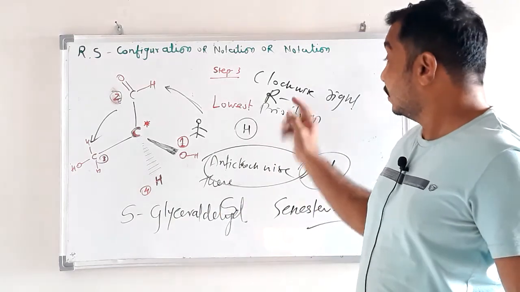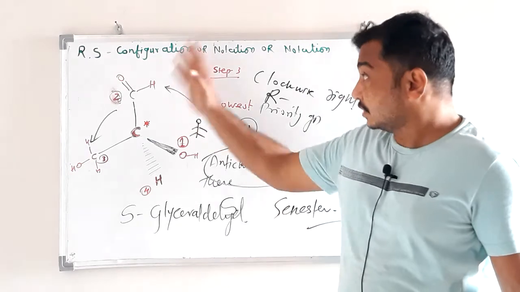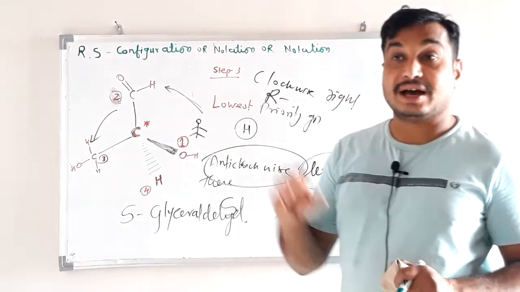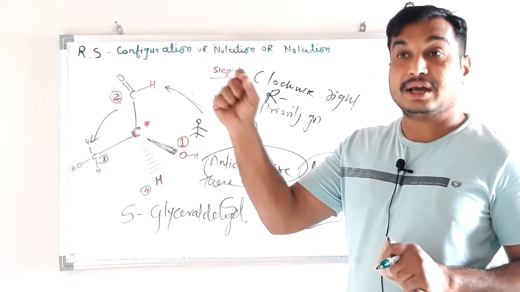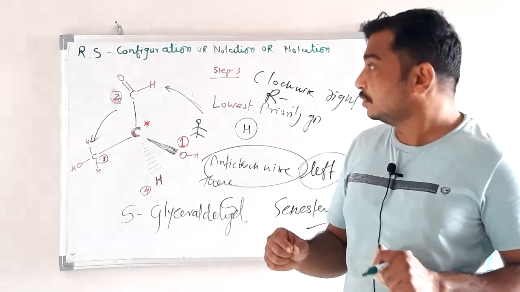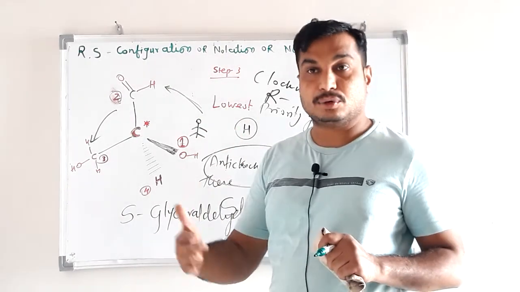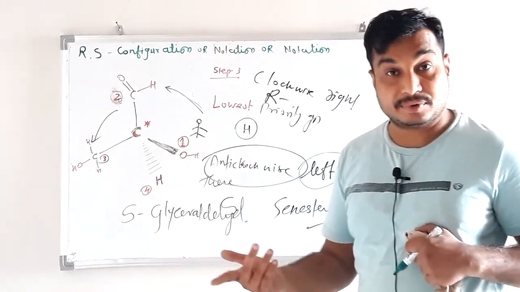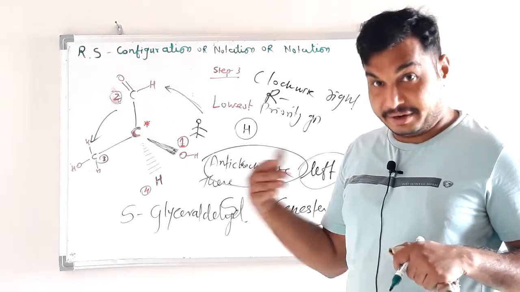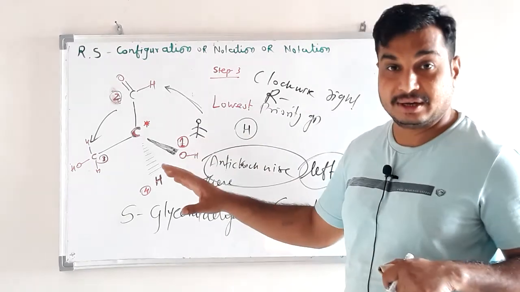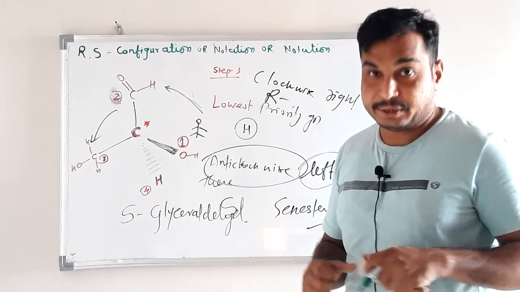So this is the RS notation. This configuration was developed by Cahn, Ingold and Prelog, the scientists who developed this system. Therefore, it is also known as the Cahn, Ingold and Prelog system of nomenclature, or RS nomenclature. In the next class, I will take more examples and try to make it clear. Okay, thank you very much.